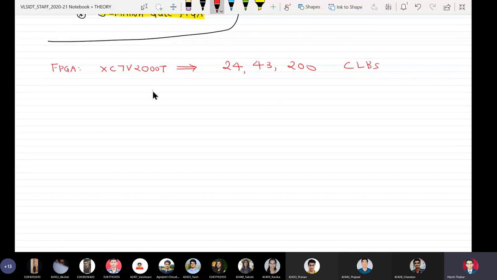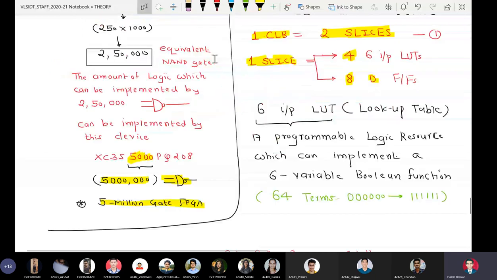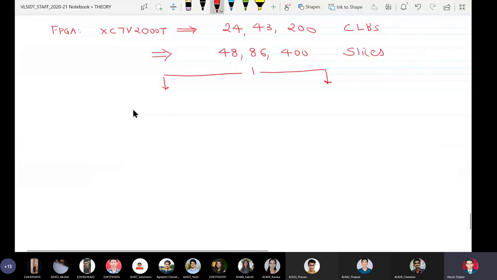Okay, that means it will contain double of that slices. So it will contain 48 lakhs 86,400 slices. That means here each slice contains 4 6 input LUTs.